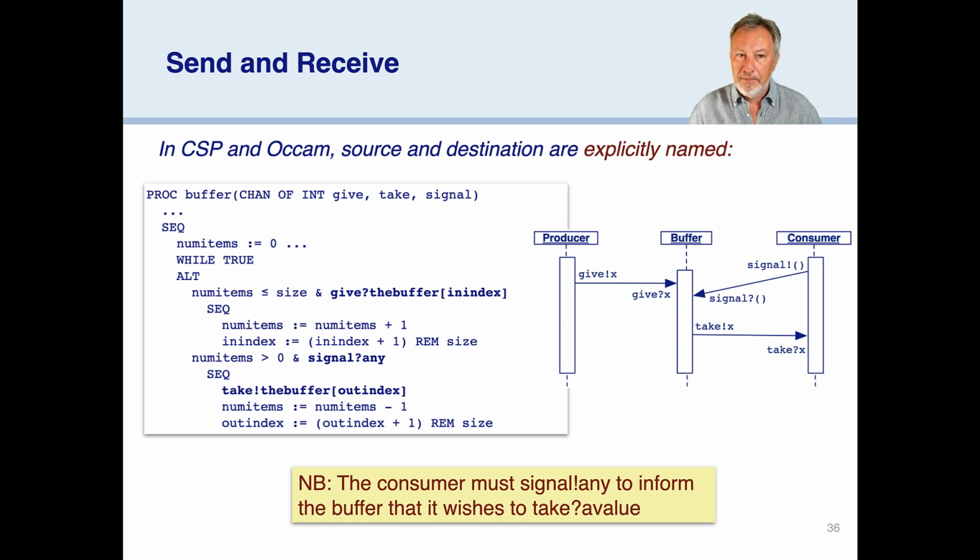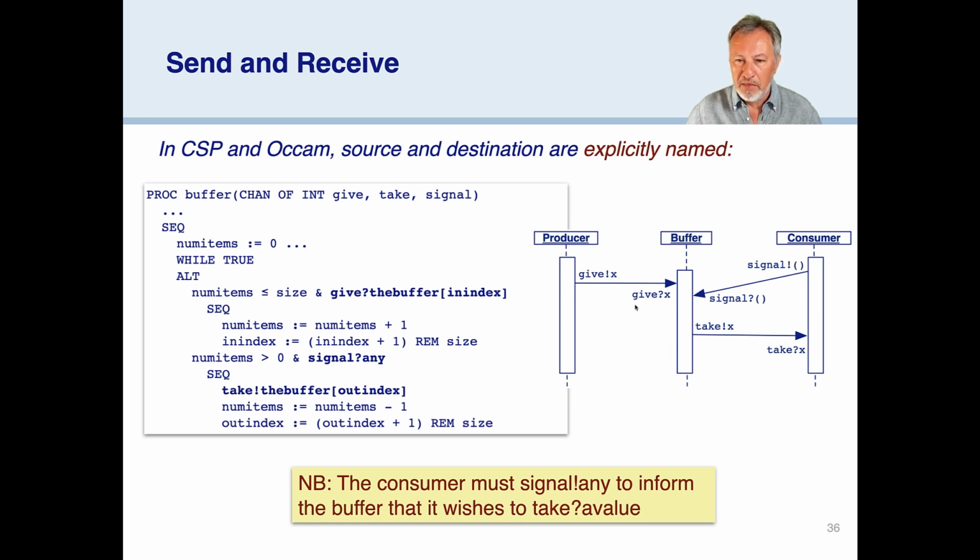In CSP, communicating sequential processes, and the Occam language, the source and the destination are explicitly named. So this is another example of a buffer where we have a loop here in which the producer is producing items.